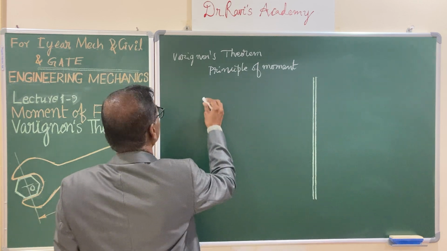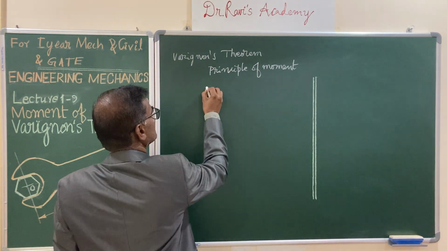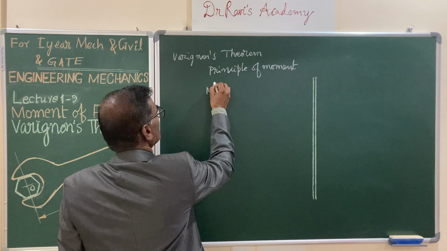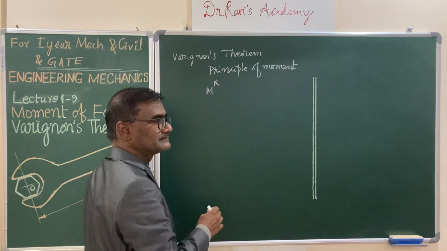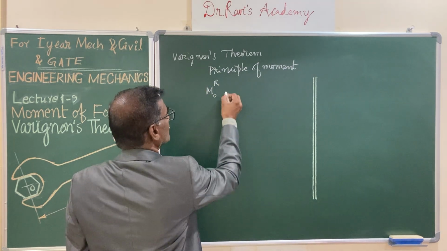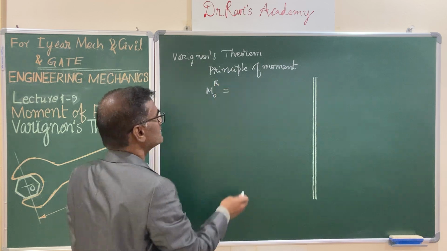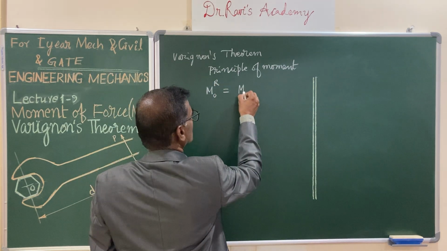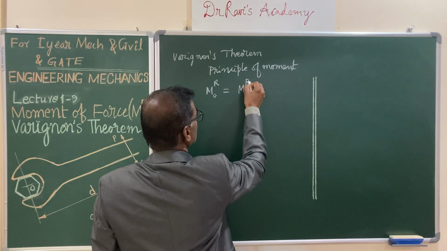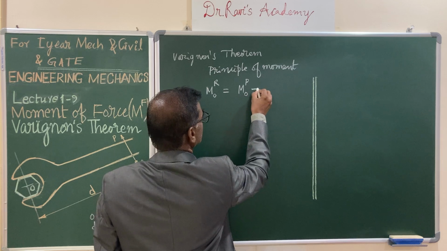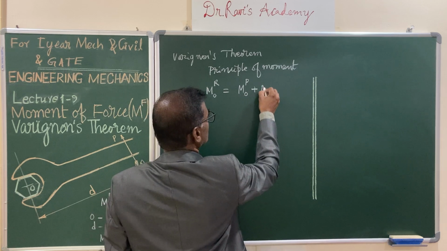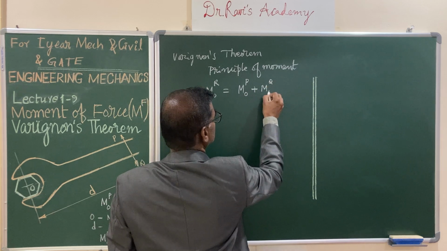The principle of moments, or Varignon's theorem, states that the moment of a resultant force about a point O is the algebraic sum of moments of its component forces about the same center.